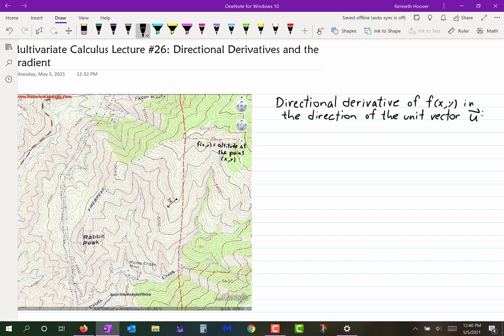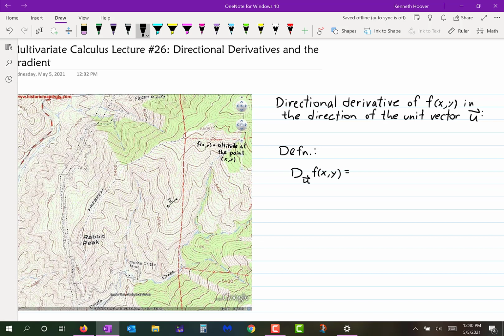So I'm going to write for you the definition, but the definition is not what we use to calculate it, because there's a much easier way of calculating it. But first let's do the definition. Okay, the definition is, first of all, here's the symbol. We'll use a capital D subscript u f of x, y.